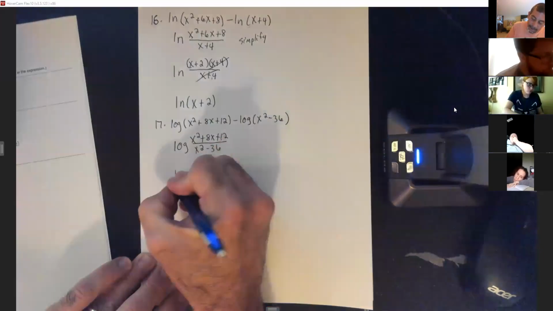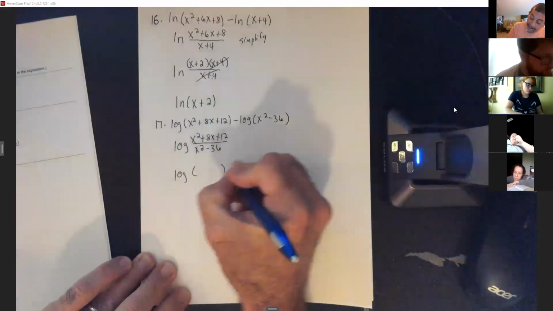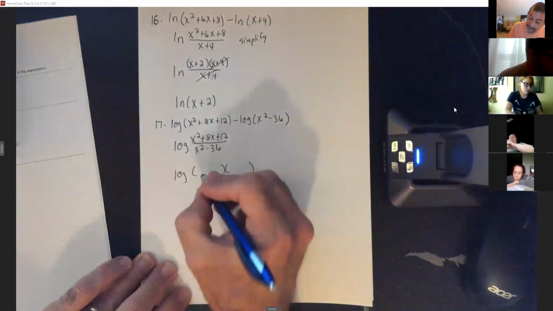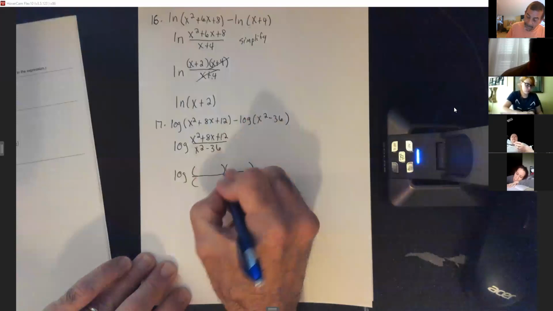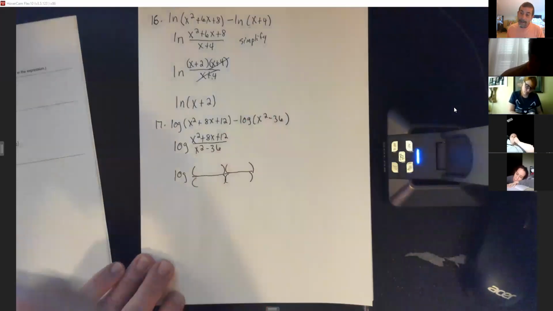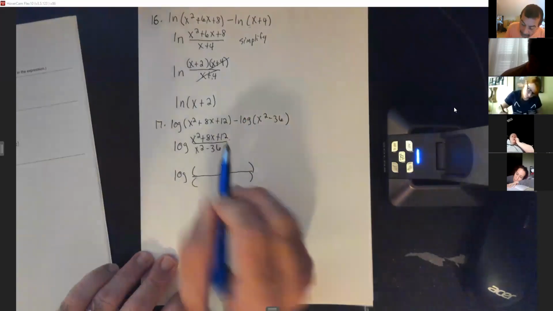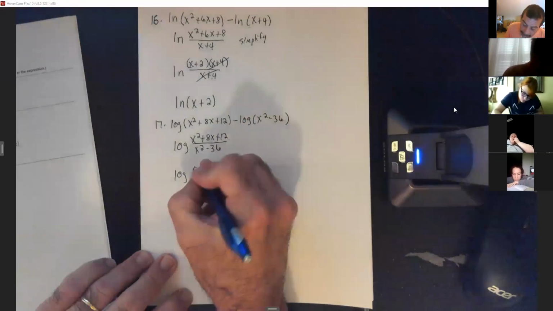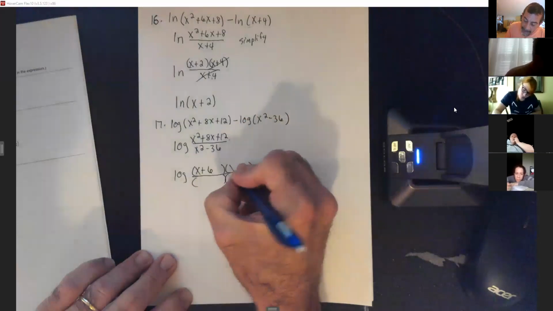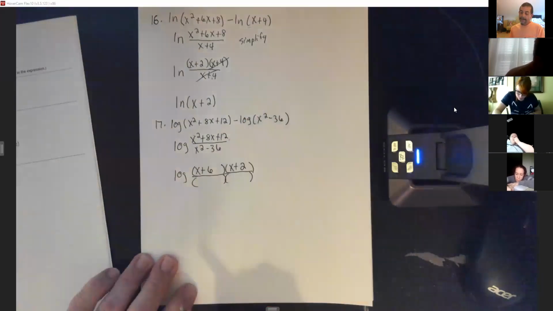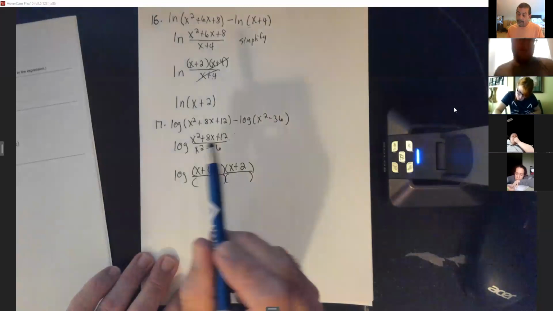I will say this one, the top will factor and the bottom will factor. So if you're using my factor program, you would put in a 1, 8, and 12 on top. That would give you x plus 6, x plus 2. Factors of 12 that add to get 8 would be 2 and 6.